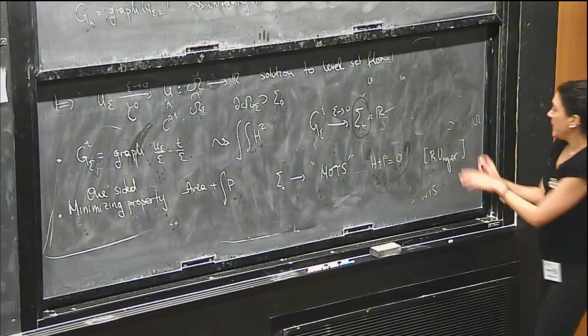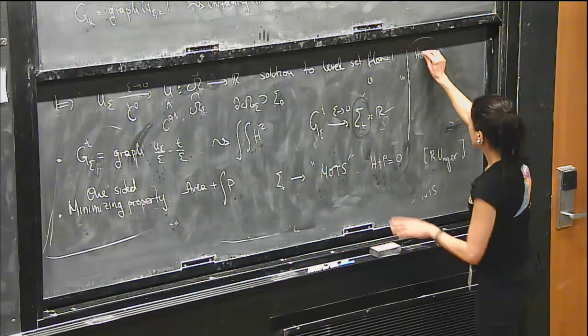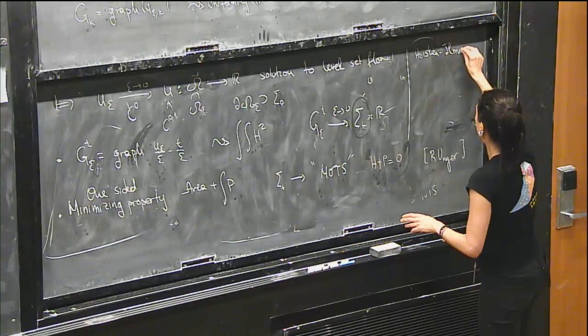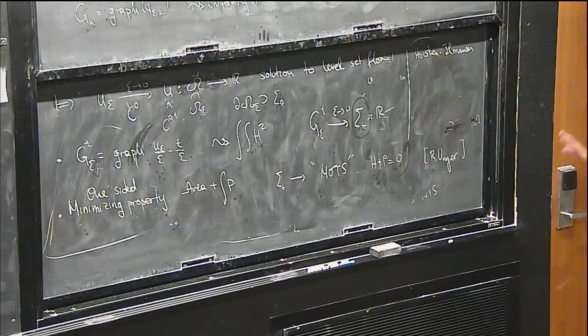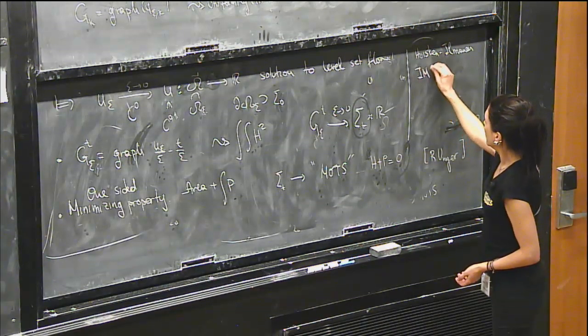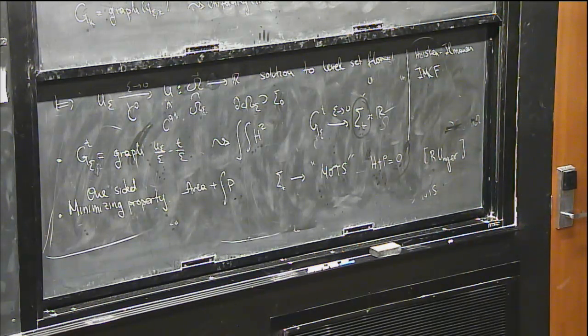To finish, let me just give some references. Everything here is inspired by the work of Huisken and Ilmanen, who did this whole program of looking at the weak level set formulation for inverse mean curvature flow. This is the paper where they also proved the Riemannian Penrose inequality.